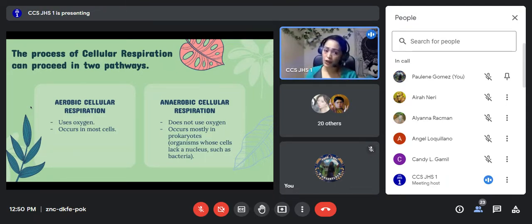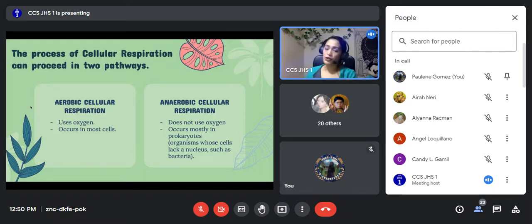Aerobic respiration is our daily source of energy. It takes a long period of time to generate ATP, but it is the most convenient way of getting energy without the side effects.